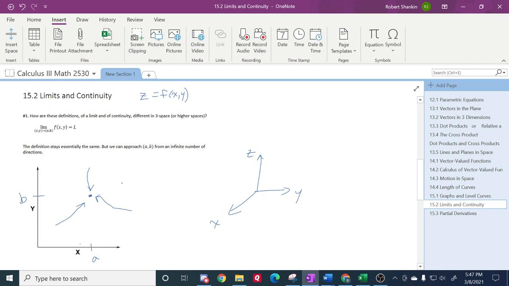We have an infinite number of ways that we could approach a point. So we're going to try to keep this definition as close as possible to what we had before, but we have to take into account that now you can approach this through all kinds of different ways.